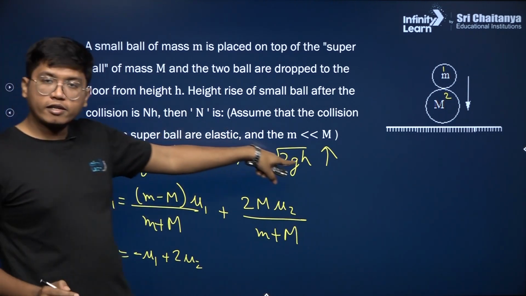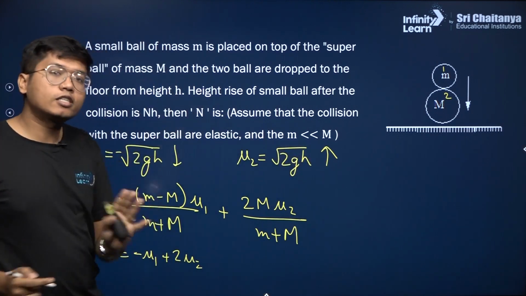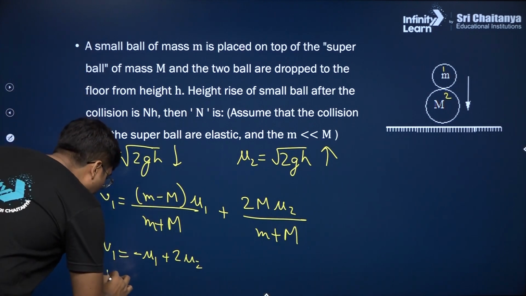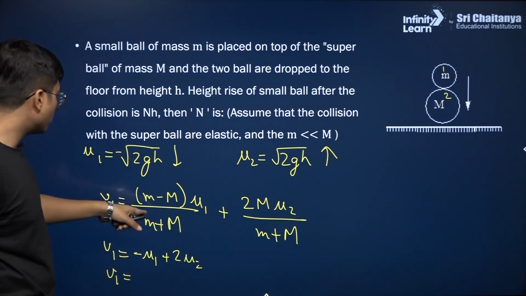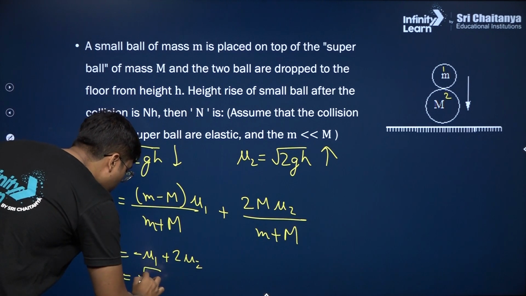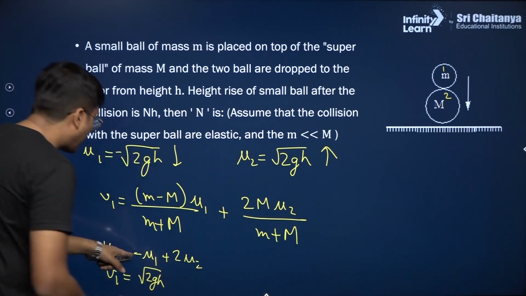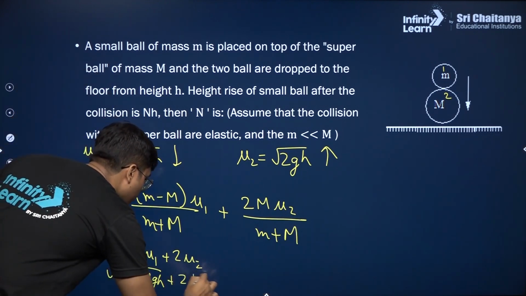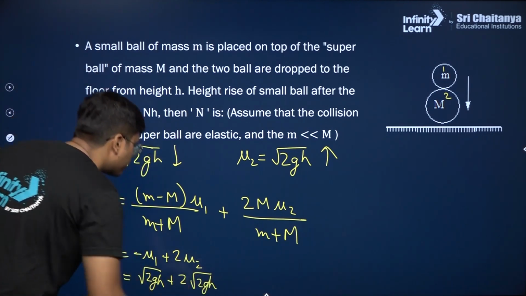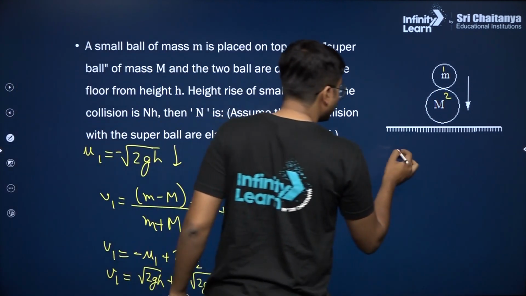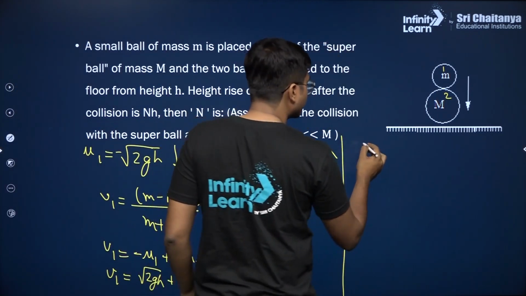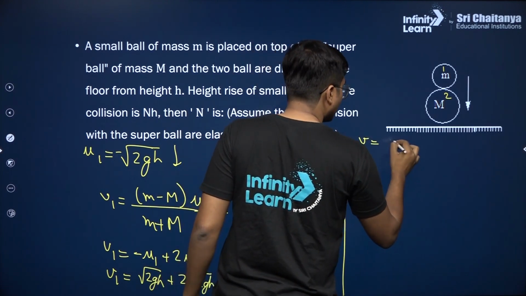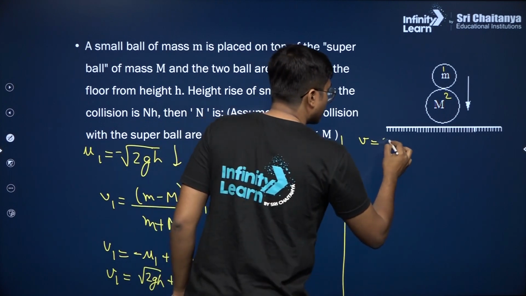We've represented it with arrows, but if we consider the upward direction as positive, then this should be negative, which means your V1 becomes equal to root 2gh, minus into minus, plus 2 root 2gh. So that gives you V equal to 3 root 2gh, right?